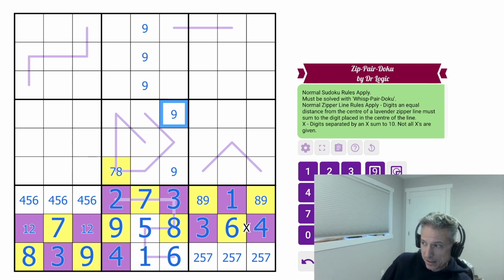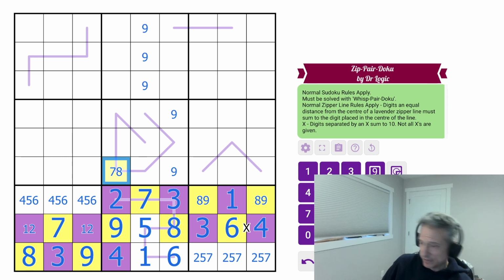No, this is just based on the fact that virtually everything else is a zipper line, except for cell 9. Cell 3 and cell 9 are pencil marked 9. Well, that still tells us that 9 goes somewhere in the middle of box 2.